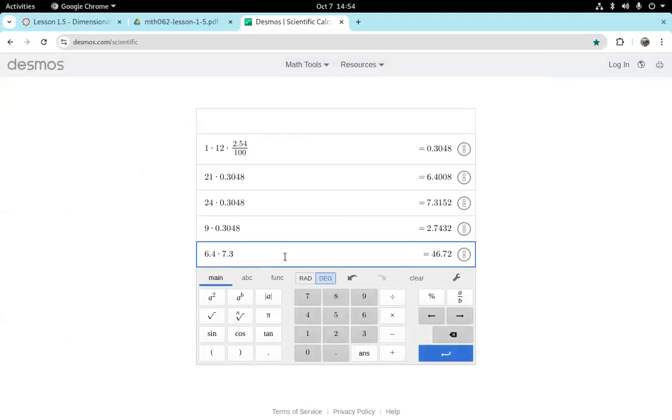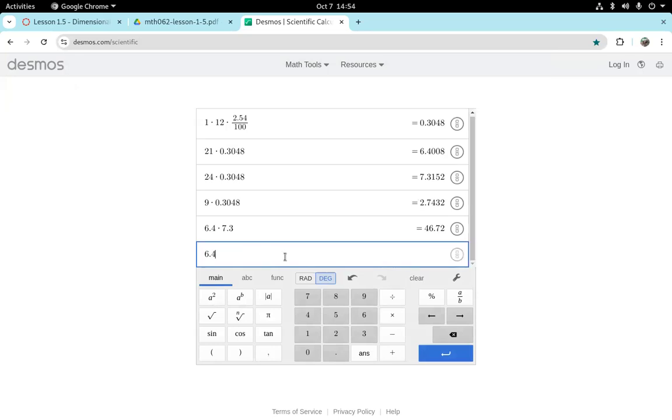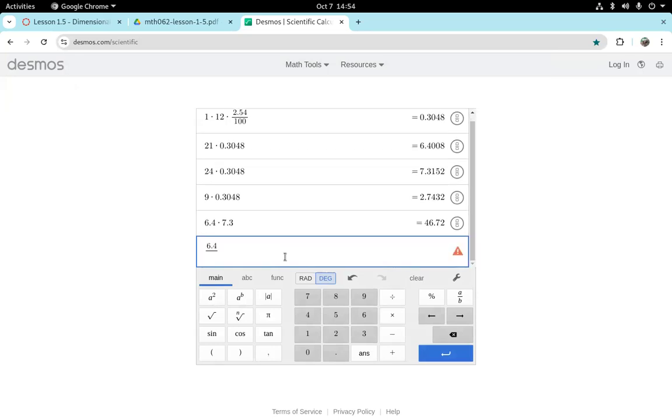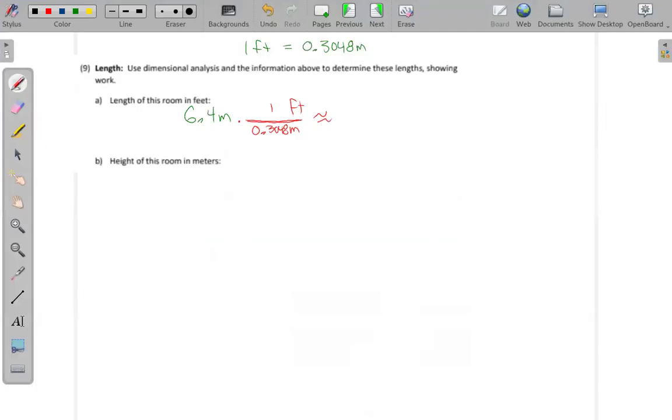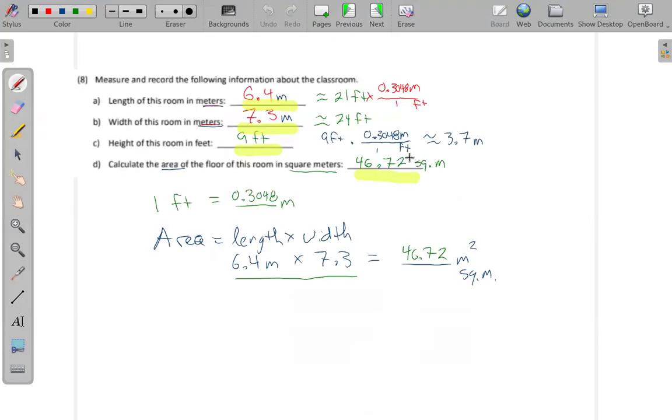So here, if I take 6.4 and divide by 0.3048, I should get about 20.997. That's pretty close to 21. I get about 21 feet.